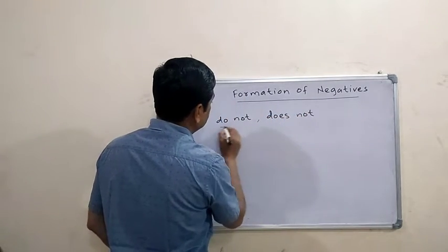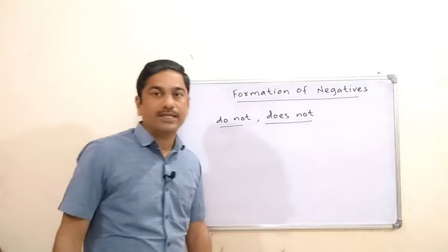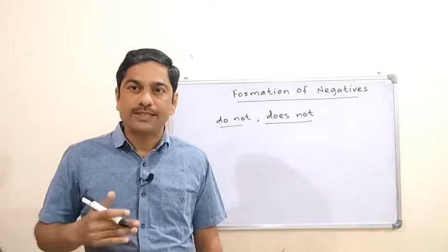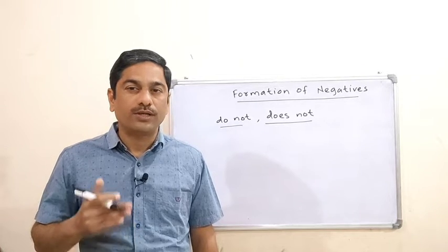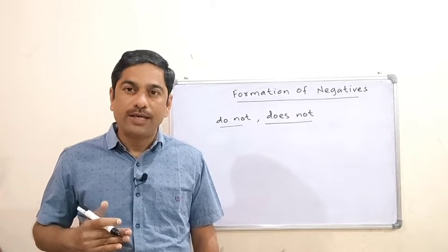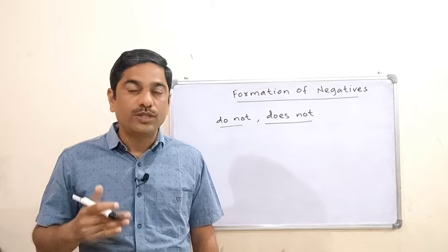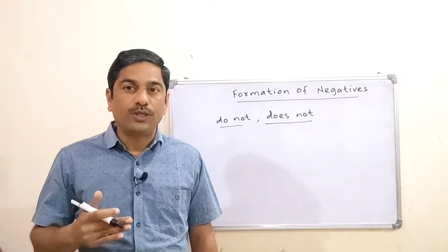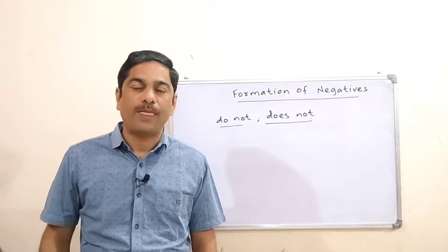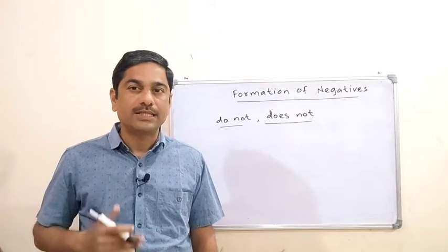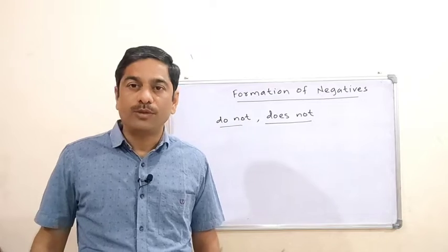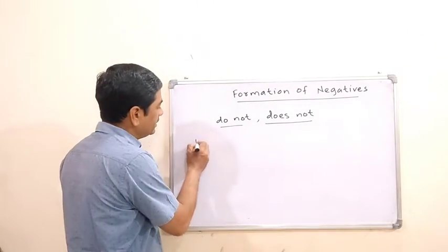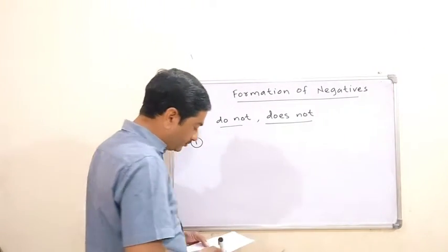If the subject is I, we, you, they, or a plural noun, you will make use of do not. And if the subject is he, she, it, third person singular or a singular noun, then you will make use of does not. I will write here some sentences of simple present tense.